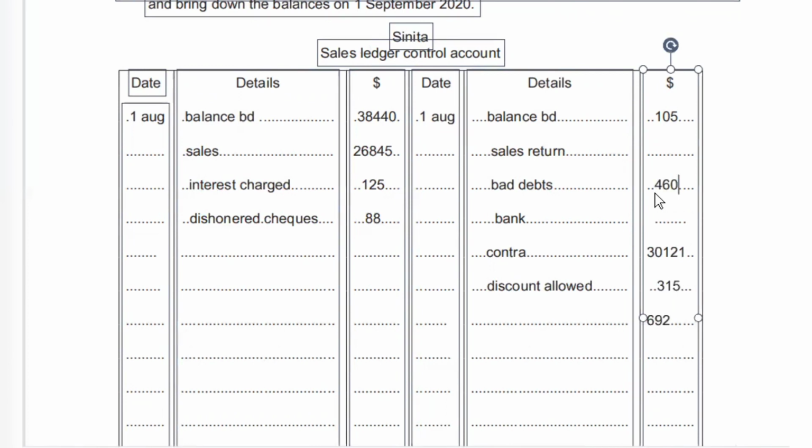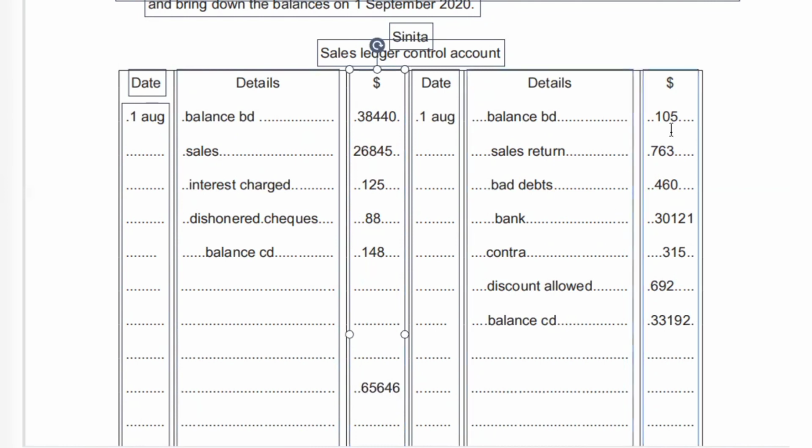Then we have returns. Sales return of 763. Now we have balance c/d of 148. 38,440 plus 26,845 plus 125 plus 88 plus 148 will give us 65,646.